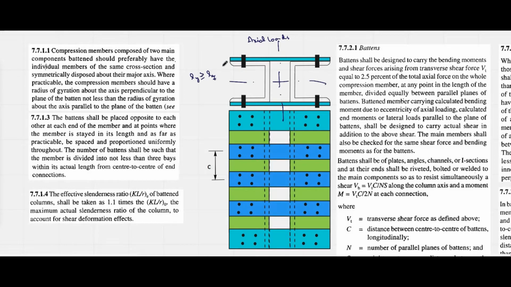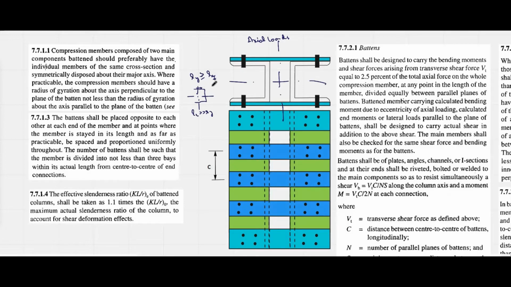The channels are placed at such a distance that it will increase the radius of gyration of the member. When we select a single channel section instead of a total built-up section, we see the radius of gyration along x direction is far greater than along y direction. So when using two channel sections, we will increase the distance.